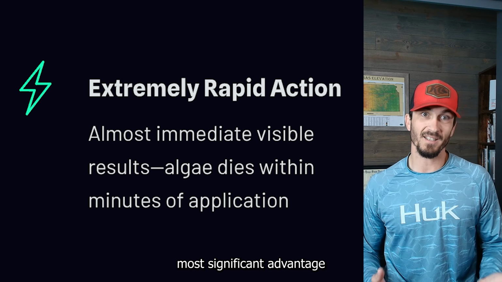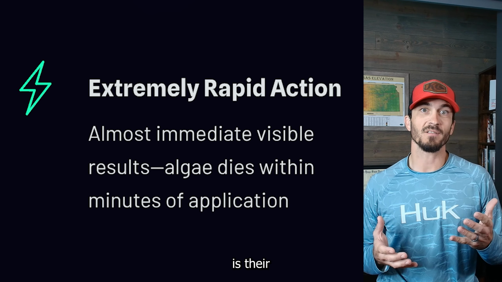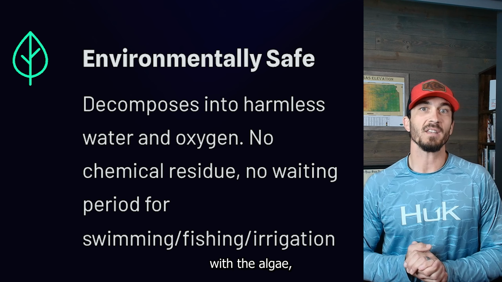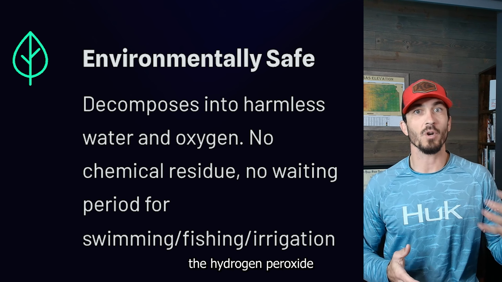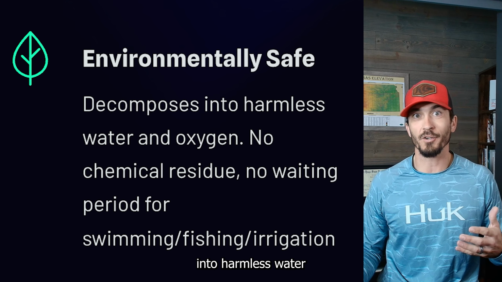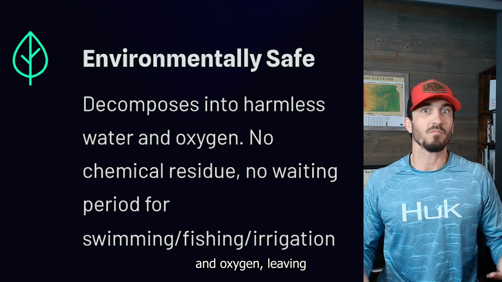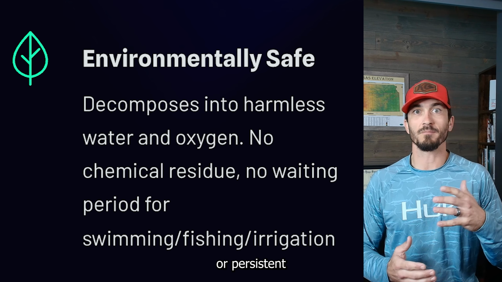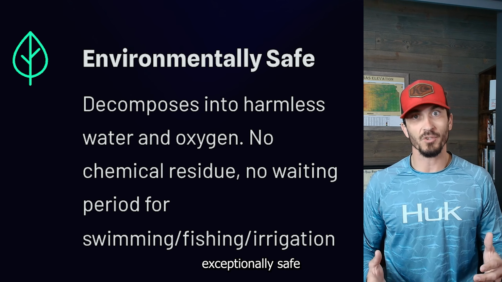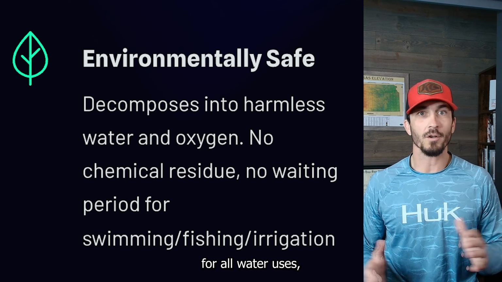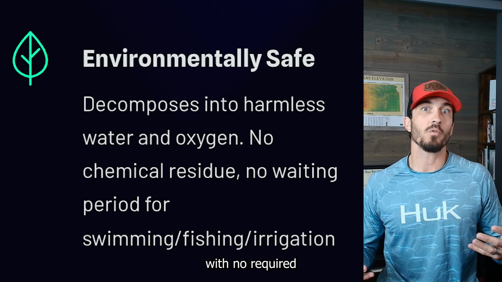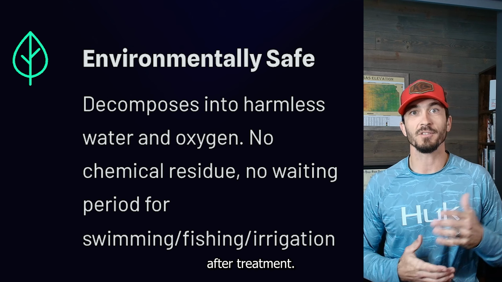Perhaps their most significant advantage is their environmental profile. After reacting with the algae, the hydrogen peroxide quickly decomposes into harmless water and oxygen, leaving no chemical residue or persistent toxins in the pond. This makes them exceptionally safe for all water uses, including swimming, fishing, and irrigation, with no required waiting period after treatment.